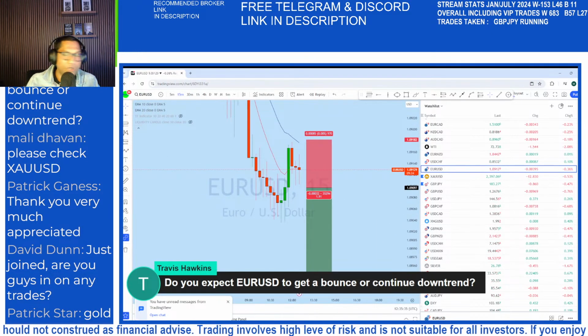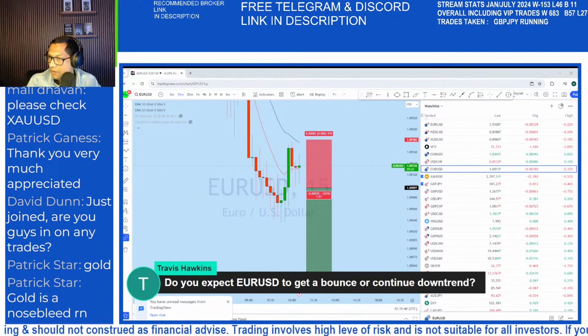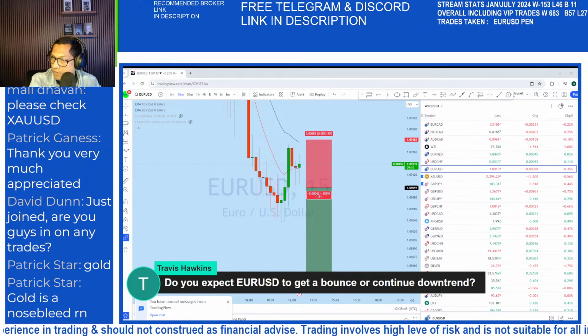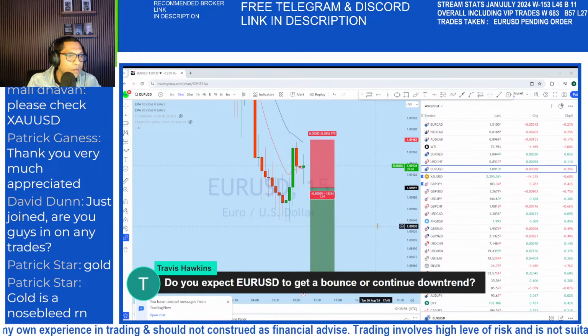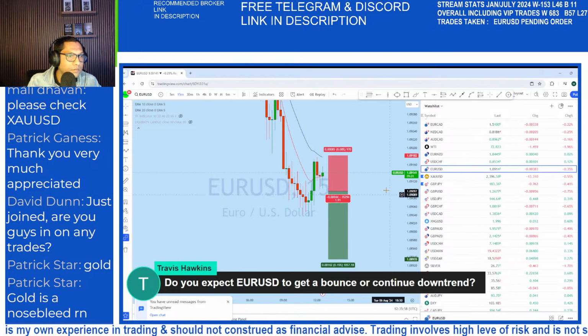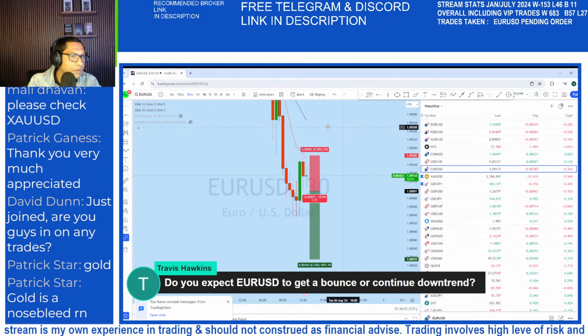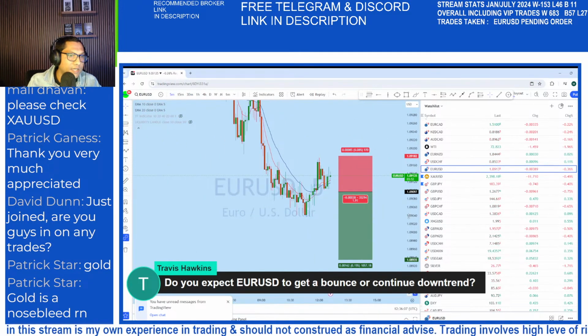If we get triggered, we can secure some pips here. So basically we placed the sell stop.